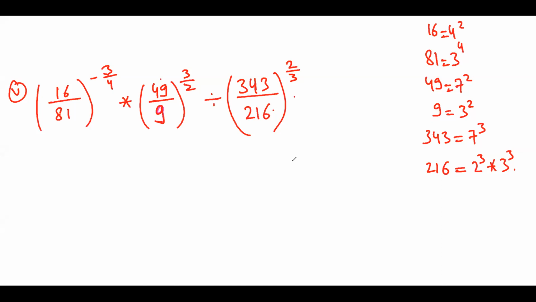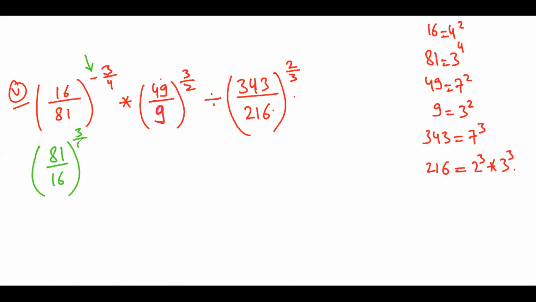Okay, let's start the fifth question. So again, as I've been doing in the earlier questions also, I'll use this negative first. This negative I'll use to take a reciprocal of this number, 81 upon 60. I've taken the reciprocal, so this minus vanishes.